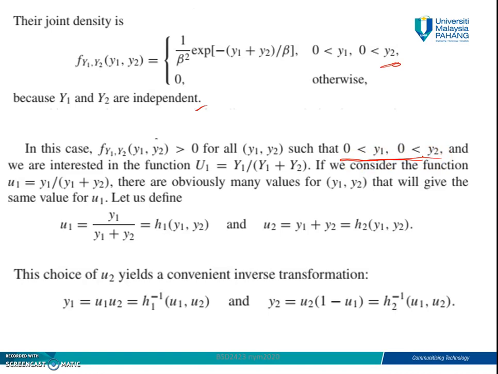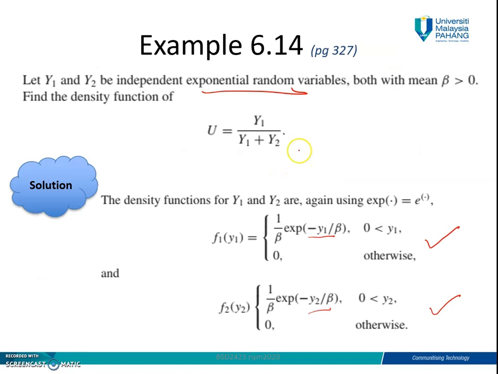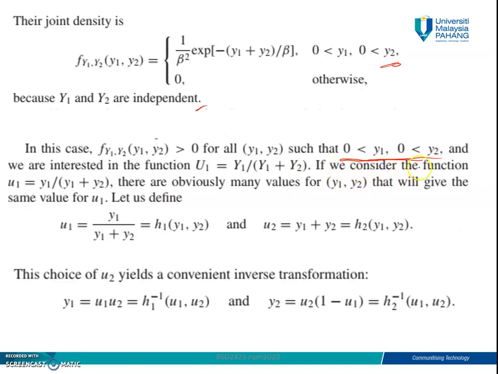And then here we are interested in the function u1 equal to y1 over y1 plus y2. But if we consider the function u1 equal to y1 over y1 plus y2, there are obviously many values of y1 and y2 that will give the same value for u1.